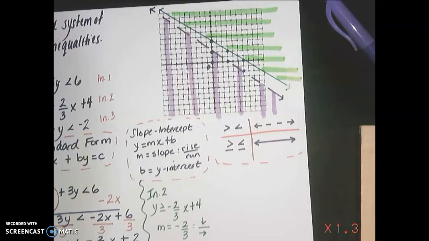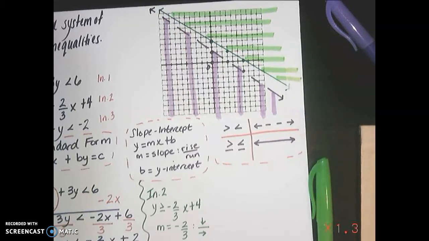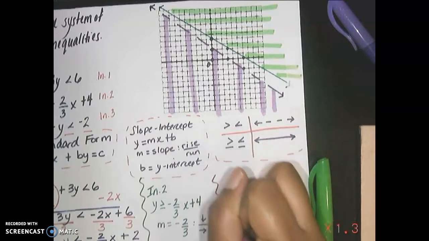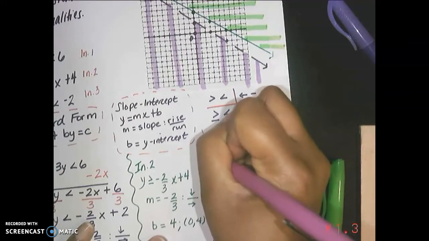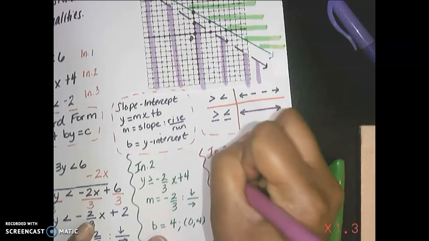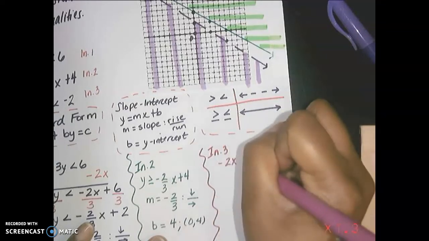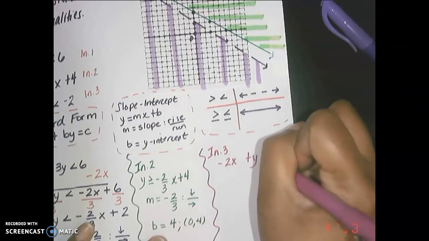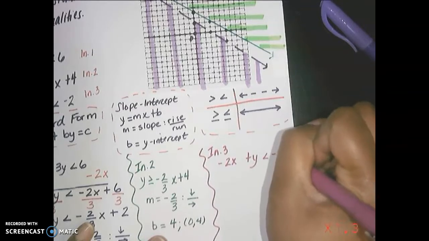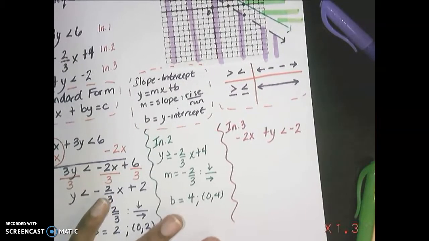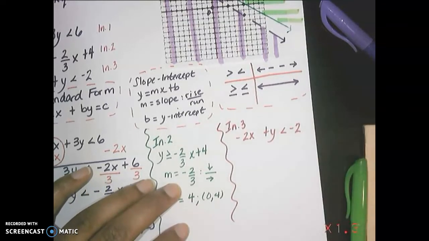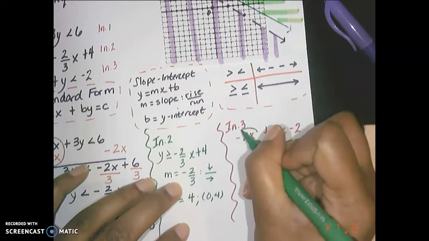Now we're going to do inequality number 3. Inequality number 3 is negative 2x plus y is less than negative 2. We want to eliminate the negative 2x and bring it to the other side, so we're going to make it become a 0.